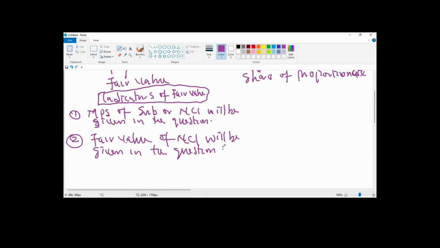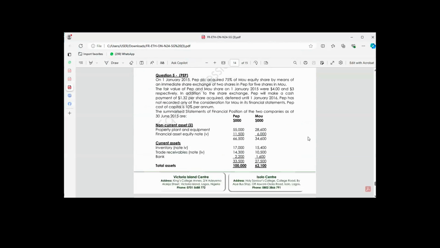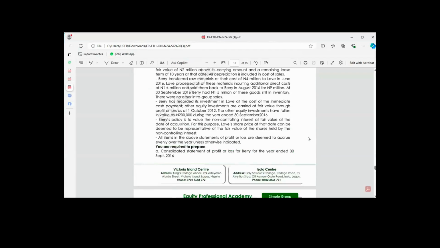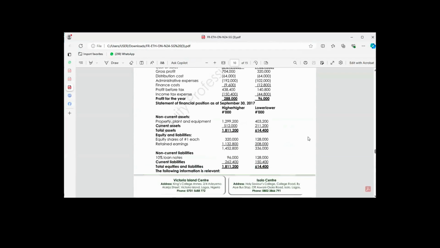No thinking is required. They will just give you the value directly and they will tell you. The question will just tell you the fair value of NCI is so, and that will be the basis for calculating your goodwill.